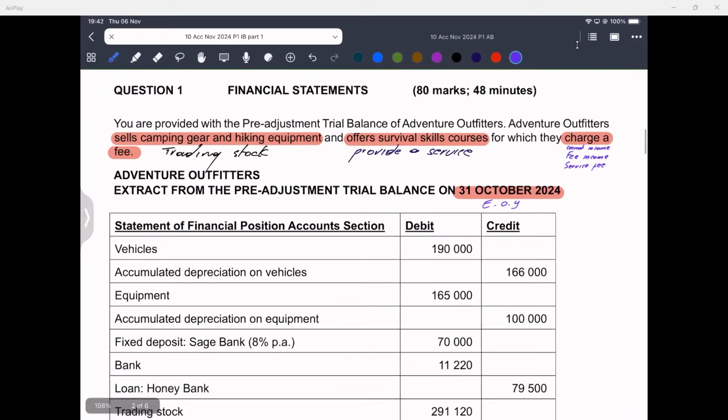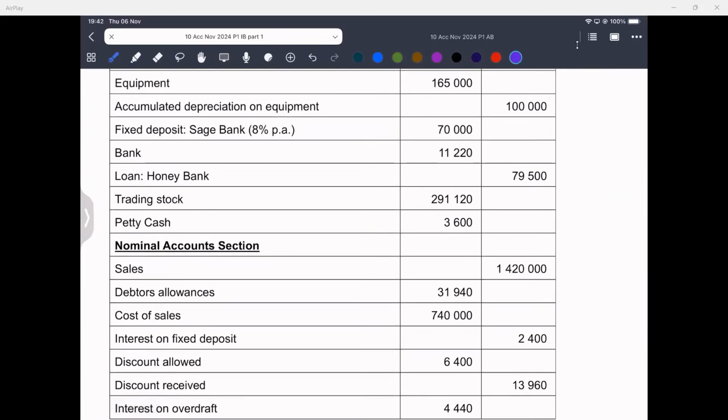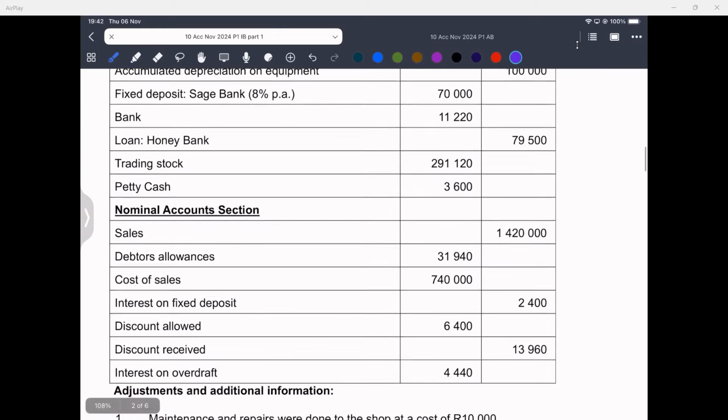We've got vehicles, accumulated depreciation on equipment, a fixed deposit of 70,000, bank of 11,220, loan from Honey Bank, it will be 79,500, trading stock will be 291,120, and we've got petty cash worth 3,600.